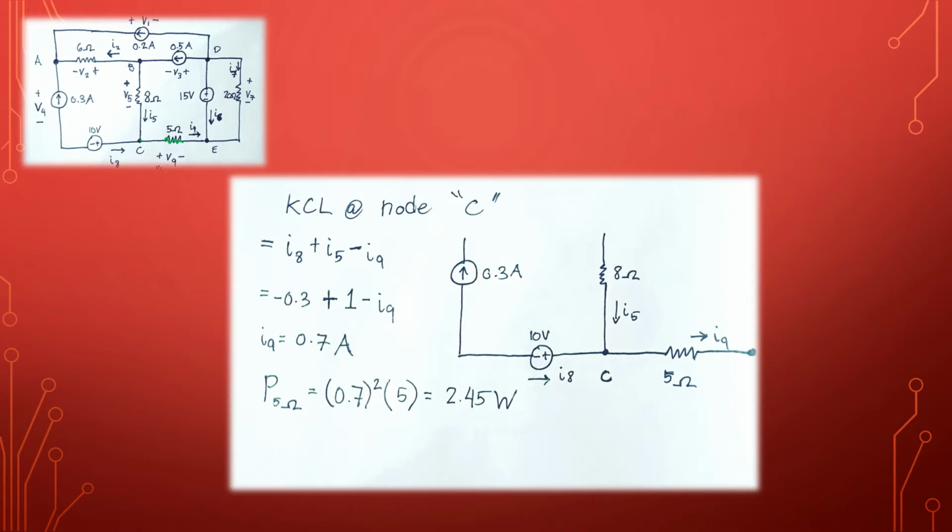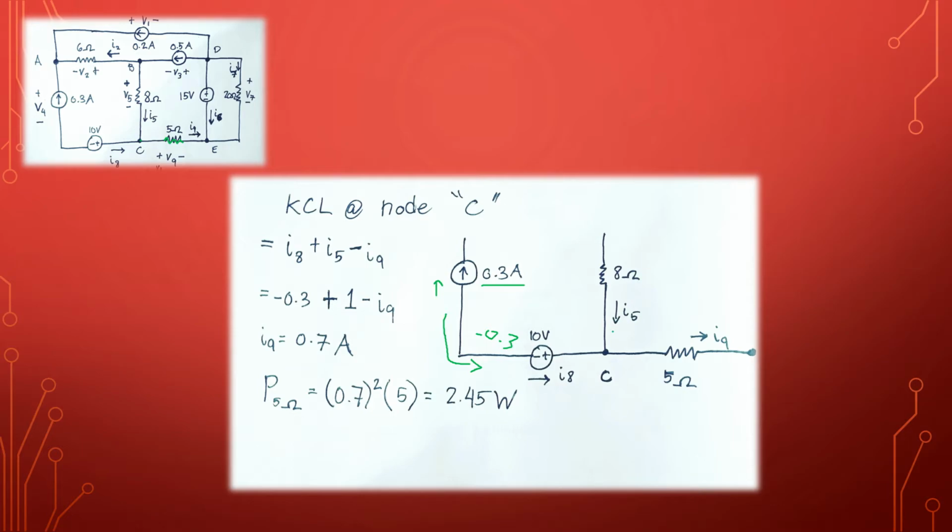Again, we map out all the currents leaving and entering node C. We see here that I8 is entering node C. You might be tricked that we do not have the value of I8, but actually we have this right here, 0.3 amperes in that direction, which simply tells us that if it travels back here, it gives us 0.3 amperes. So we already have the value of I8.